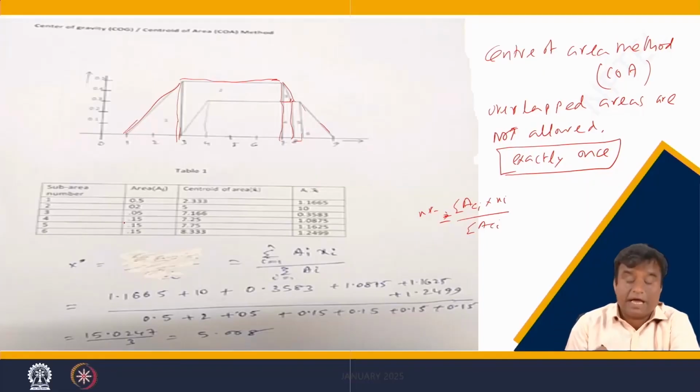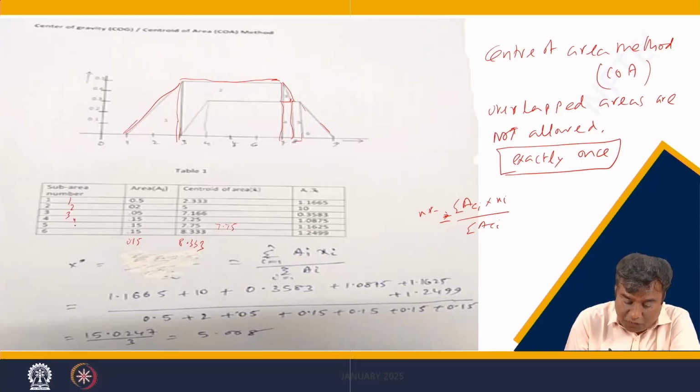So here you need to calculate the areas. We divided this into 6 areas: 1, 2, 3, 4, 5, 6. The first area is 0.5, here the area is 2.